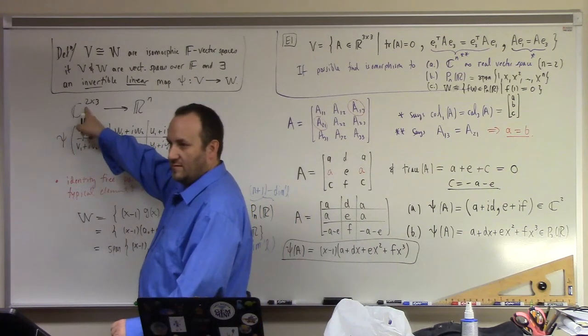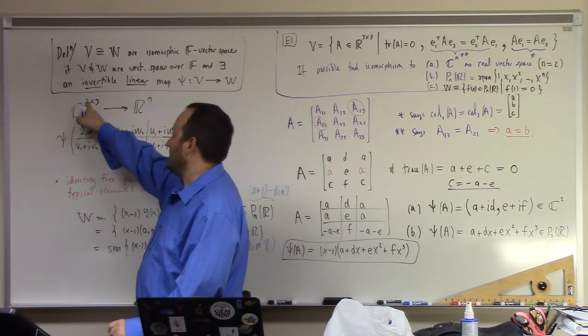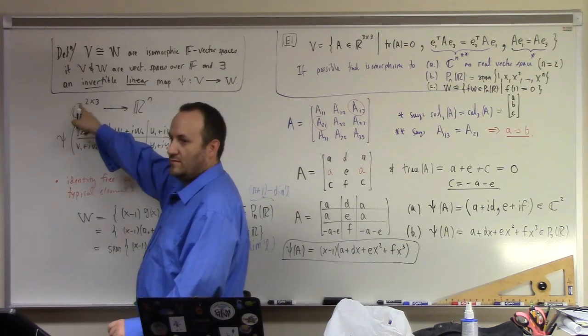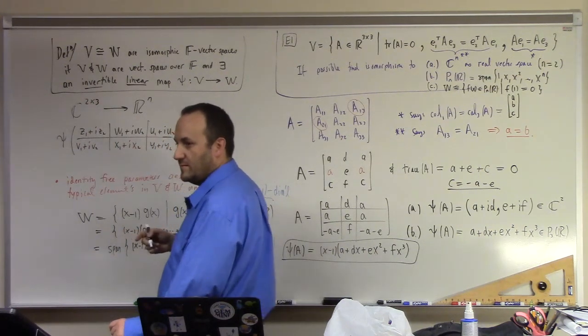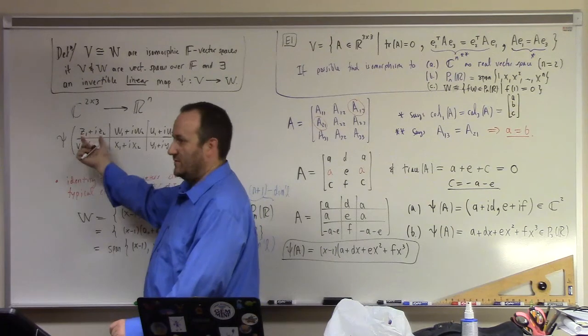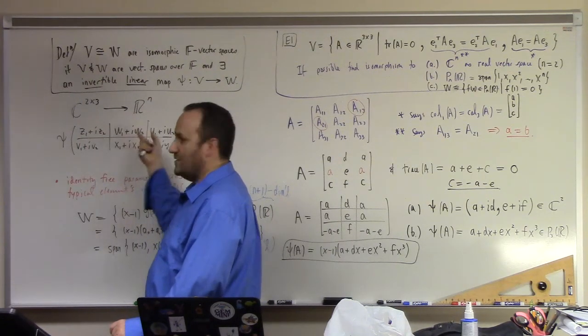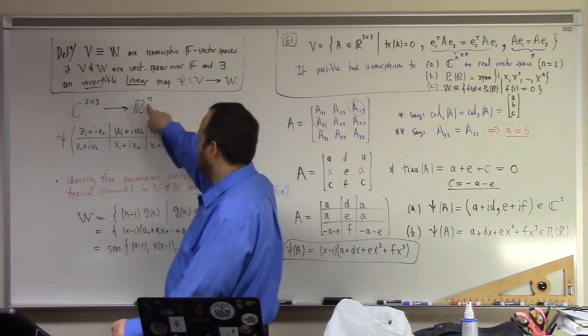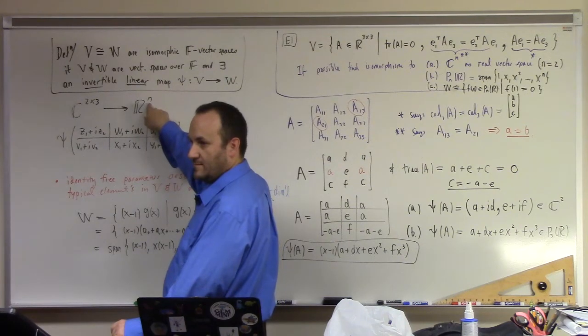It's 6 complex dimensions, but it's 12 real dimensions, right? Because if you look here, Z1, Z2, W1, and so on, this would make it 12.